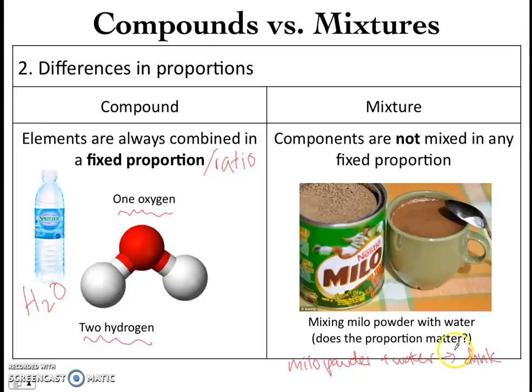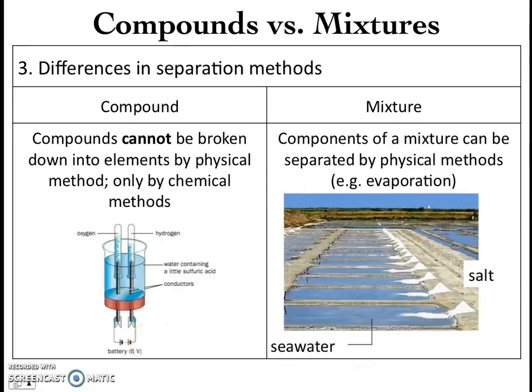So a mixture can be created by mixing any amount of the 2 components together. You don't need to mix them together in any certain ratio. But you can only create a compound if you combine the elements in a certain ratio. So it'll always be 1 unit of oxygen combining with 2 units of hydrogen to give me water, nothing else.